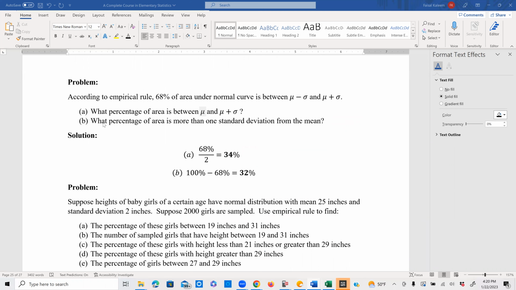And then they ask what percentage of area is more than one standard deviation. So more than one standard deviation is the opposite of within one standard deviation. So within one standard deviation, we have 68%. The total area is 100%. So the more than one standard deviation would be 100% minus 68%. So that is 32%.